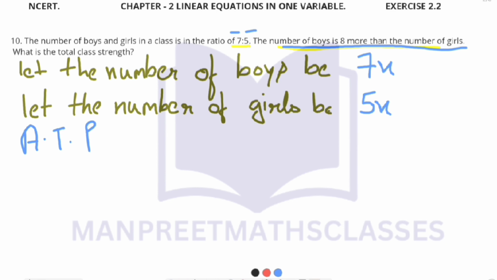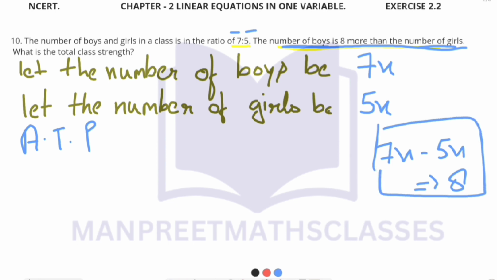Now here we can solve it in two methods and I'll tell you the easiest one. You can suppose it like this: number of boys is 8 more than number of girls, means the difference is 8. जब number of boys में से number of girls को minus करेंगे तो 8 आएगा. तभी तो आप कह रहे हो कि boys girls से 8 ज़्यादा है. This is the condition given to us, so we'll solve it.